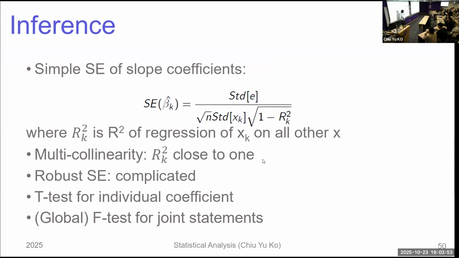But the thing I want to emphasize is that the denominator is related to this R squared. What's that? Don't need to worry about this because I don't want to go into detail. But one thing this implies is the following.